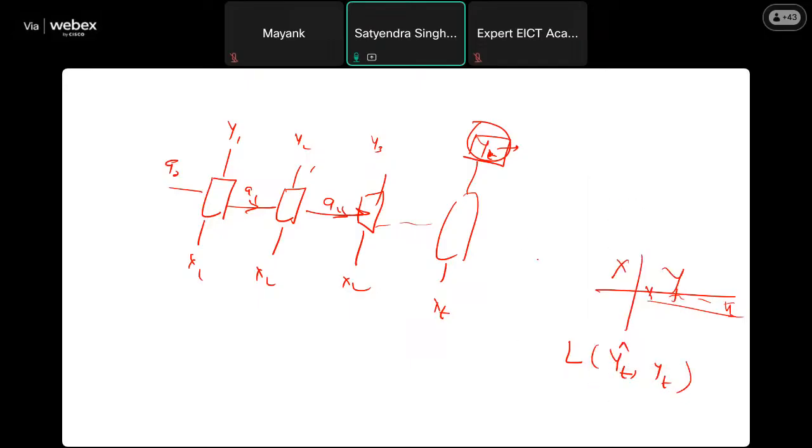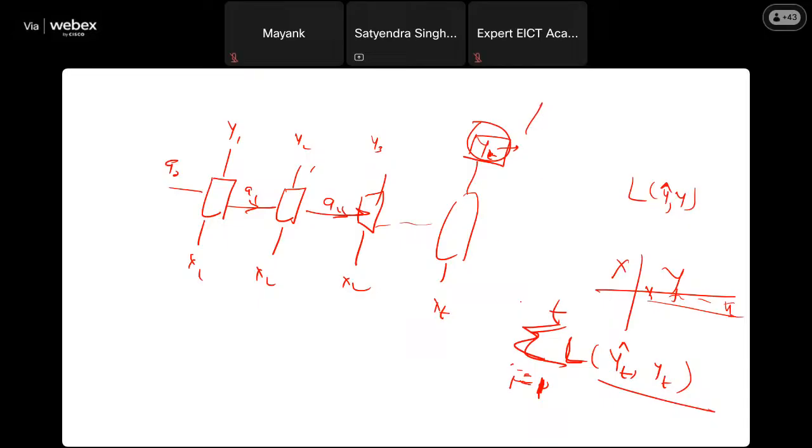However, unlike a basic neural network, here there are multiple RNN units, so you take the summation of the losses, the differences between predicted and actual, for all the RNN units. So the whole loss is calculated as a summation of the losses at each RNN unit.